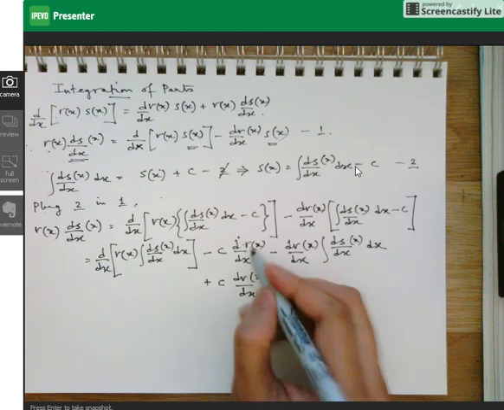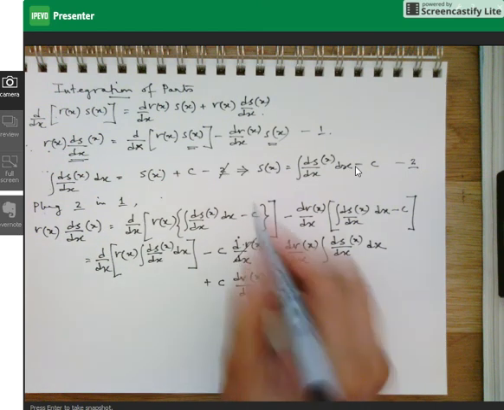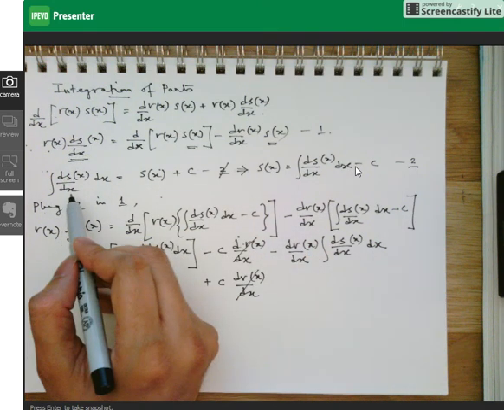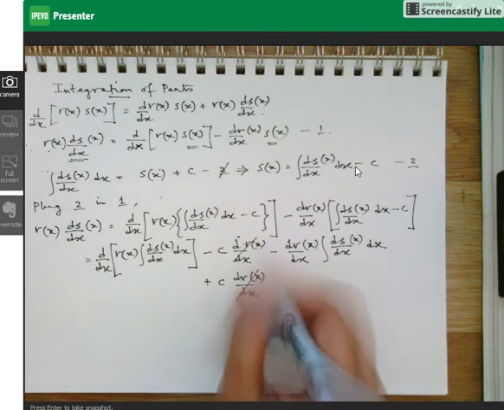And we see that these two terms with that arbitrary constant c, which came from the integration of ds/dx, cancel out.